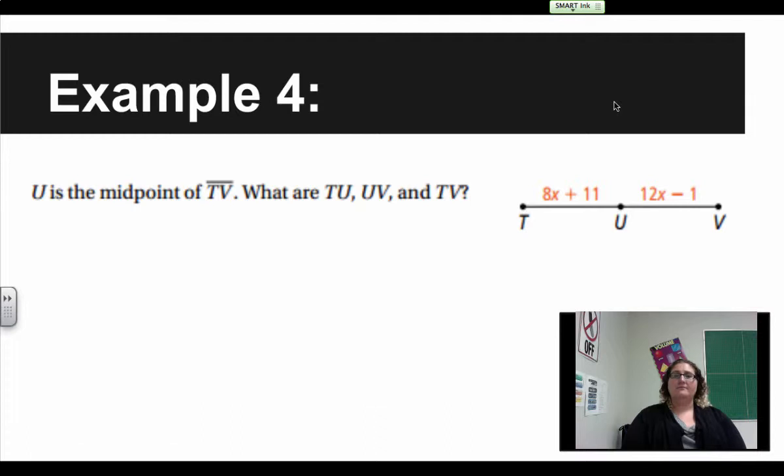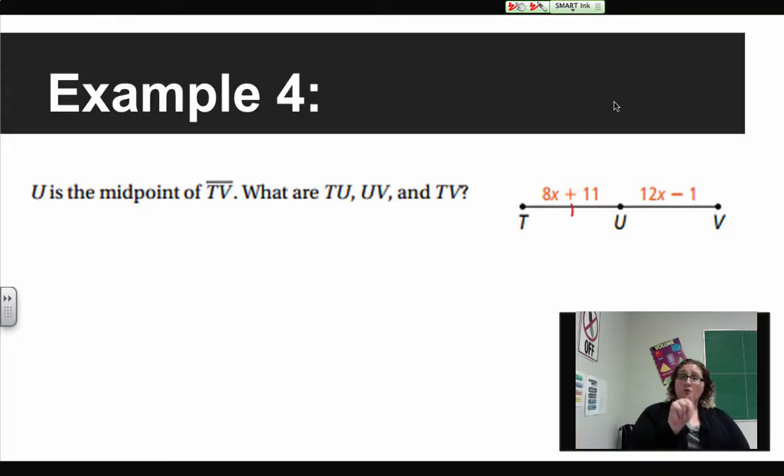Example 4. U is the midpoint of segment TV. What are TU, UV, and TV? If I know that U is the midpoint, that means segment UT and segment UV are congruent, or equal to each other. So that helps me set up the equation 8x plus 11 is equal to 12x minus 1.